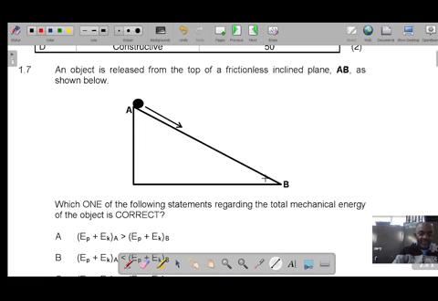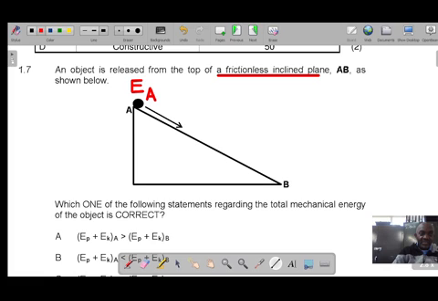So if the slope is frictionless, it means mechanical energy is conserved. That means mechanical energy at point A is the same as mechanical energy at point B, because along the way we didn't lose any energy.